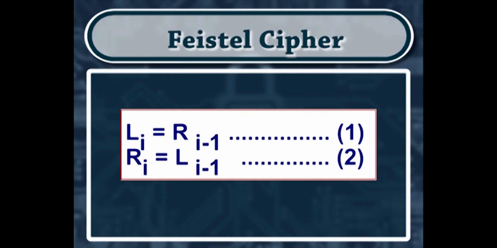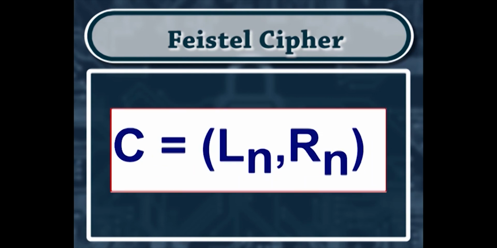The subkey is derived from the key K according to a specified key schedule algorithm. As you can observe in the figure, the ciphertext C is the output of the final round, namely C is equal to Ln and Rn.